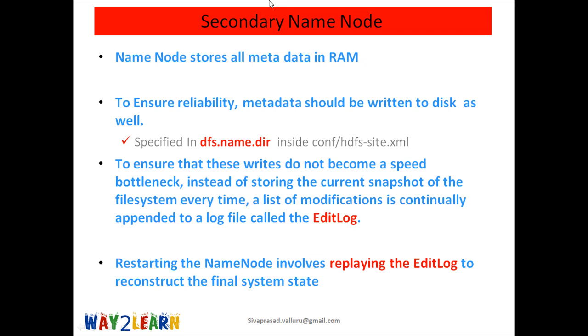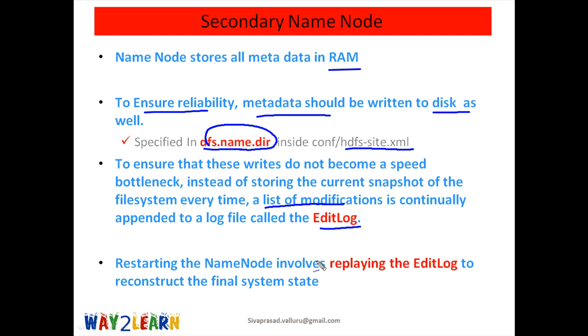As I told you, the name node stores all the metadata in RAM. To ensure reliability, the metadata should be written to disk. Where it will write to disk? In hdfs-site.xml, I have mentioned the path to the folder inside this property. So the name node will write list of all modifications to the metadata in a file called as edit log.